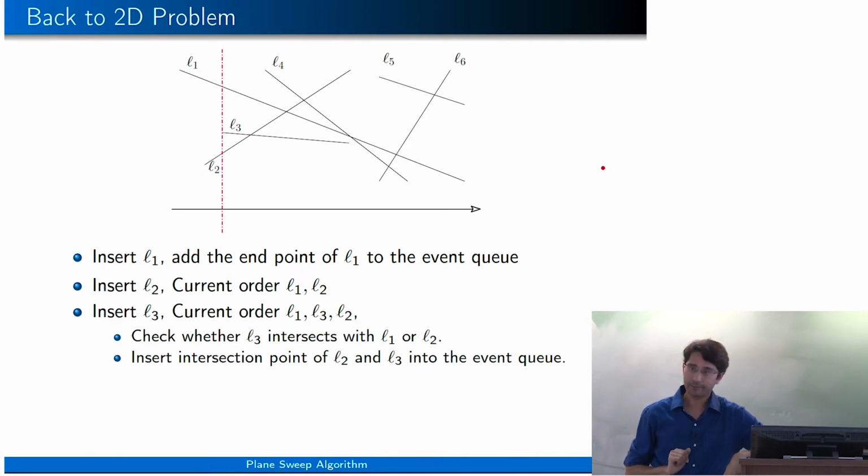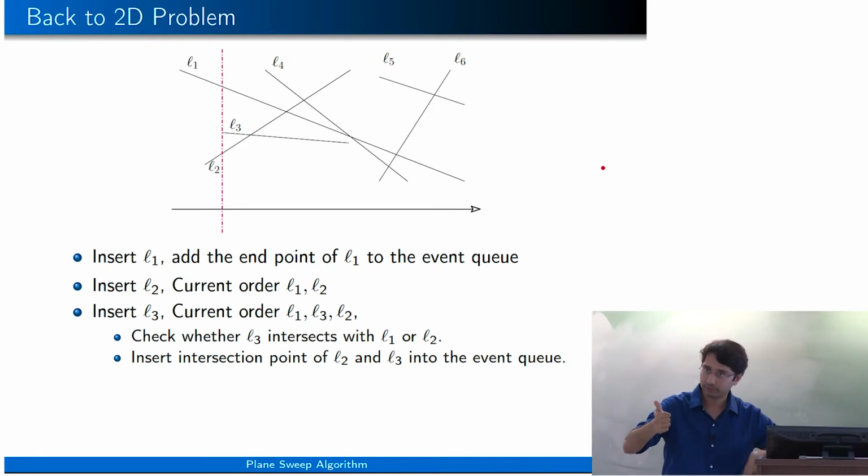Next L3. What is the ordering now? L1, L3, L2. So L3 needs to be checked with whom? Who are the adjacent ones now? L1 and L2. I will check whether L3 intersects with L2, yes or no?